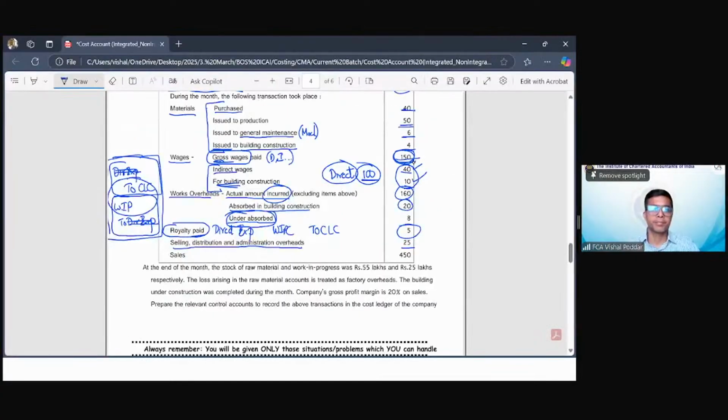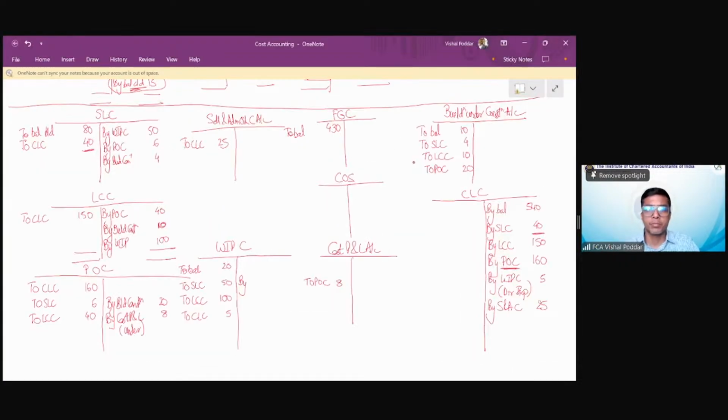Correct. Now the next transaction is for sales, by CLC in bracket sales, and in CLC, I'll write to cost P and L.